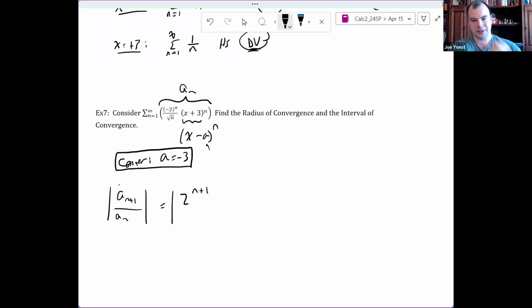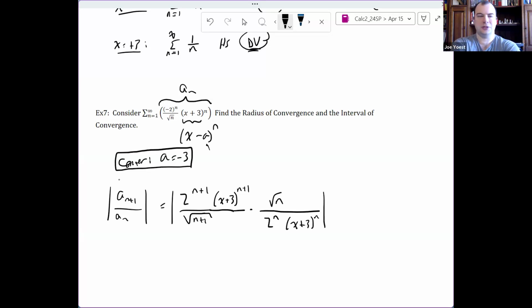So 2 to the n plus 1 over root n plus 1 times x plus 3 to the n plus 1. That's absolute value of a_n plus 1. And then 1 over absolute a_n, which would give me a 2 to the n on the bottom, root n on top, and an x plus 3 to the n on the bottom.